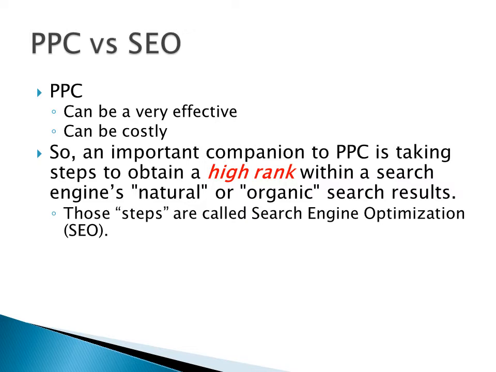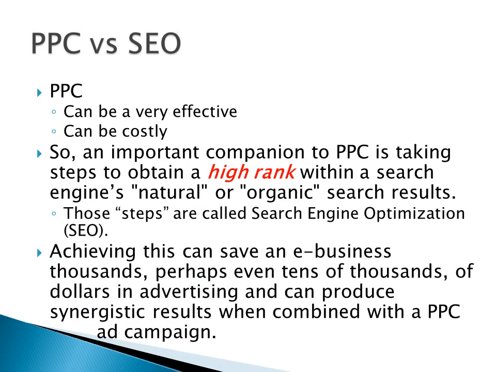And if you can rank high in organic search results, you can save an e-business thousands, maybe even tens of thousands of dollars in advertising, and you can produce synergistic results when combined with pay-per-click ad campaigns. In other words, the pay-per-click and SEO can work together to produce even better results than either one individually. All right?